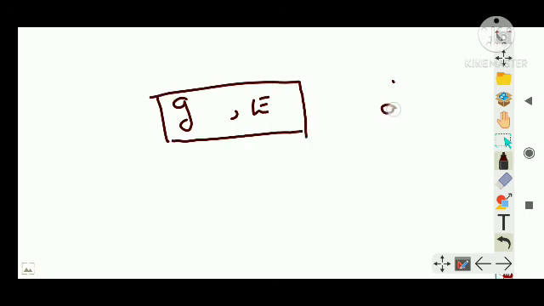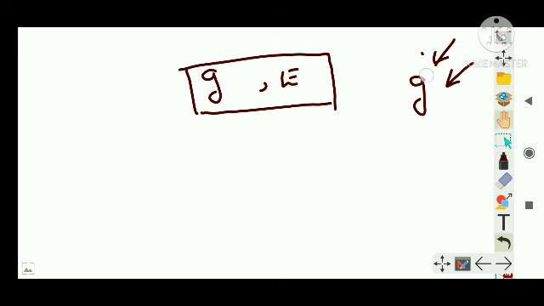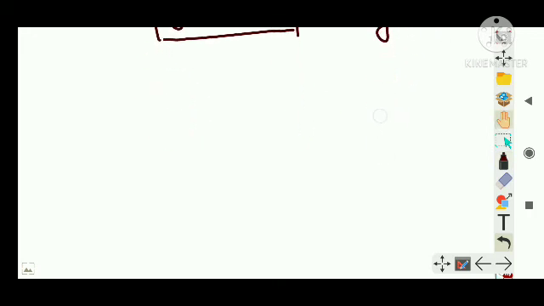Clear? So you see small g as well as capital E both have the same direction. g is also towards the source mass. Similarly, that is towards the earth. Similarly, E is also Earth's field, also towards the earth's surface, or the earth's crust itself.